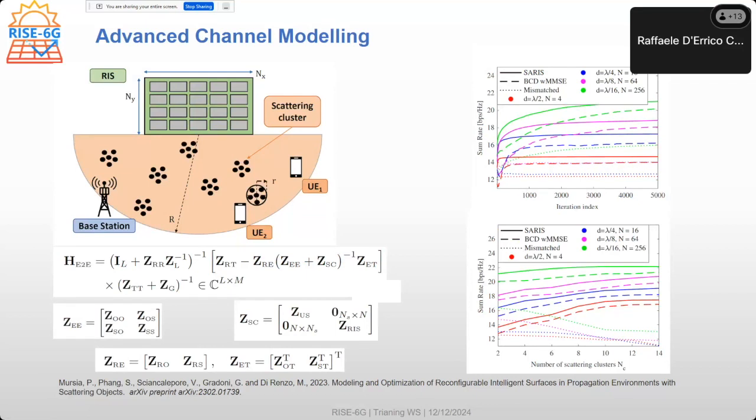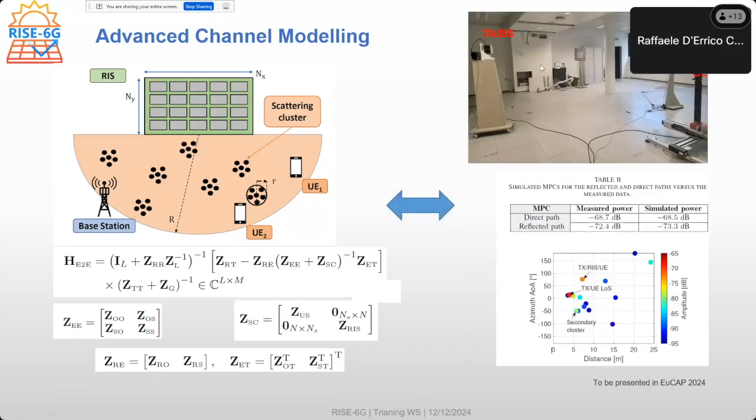And what we did is not only provide the framework, but also use our measurements to prove that this model is valid. This is work that is going to be presented at EuCAP, where we show how the direct path and the path reflected by the RIS are very well in line in the model with respect to the measured ones.